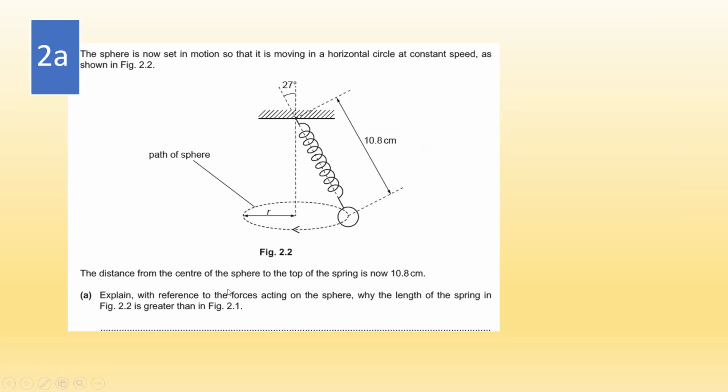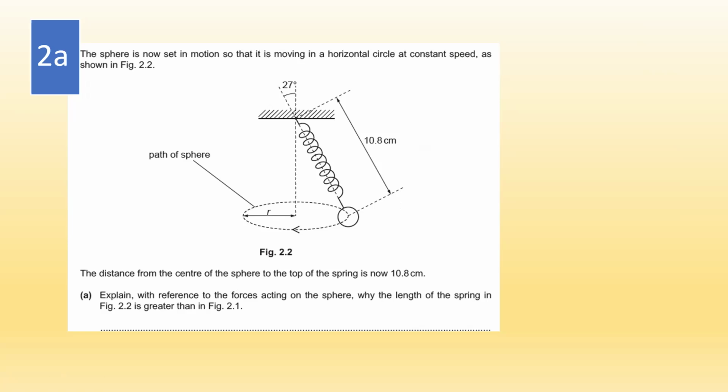The distance from the center of the sphere to the top of the spring is now 10.8 cm. Explain in reference to forces acting on the sphere why the length of the spring in figure 2.2 is greater than figure 2.1.